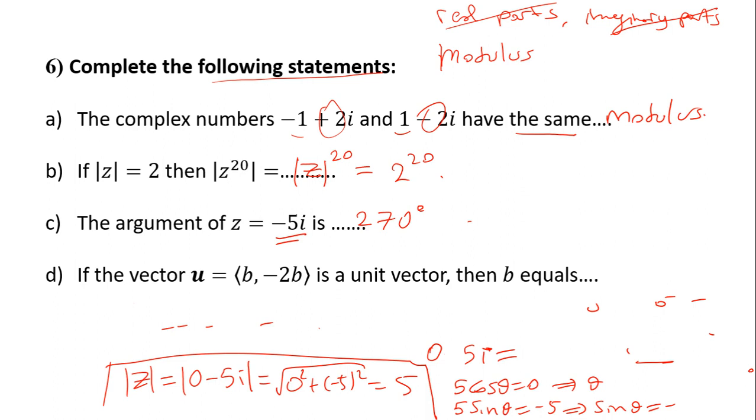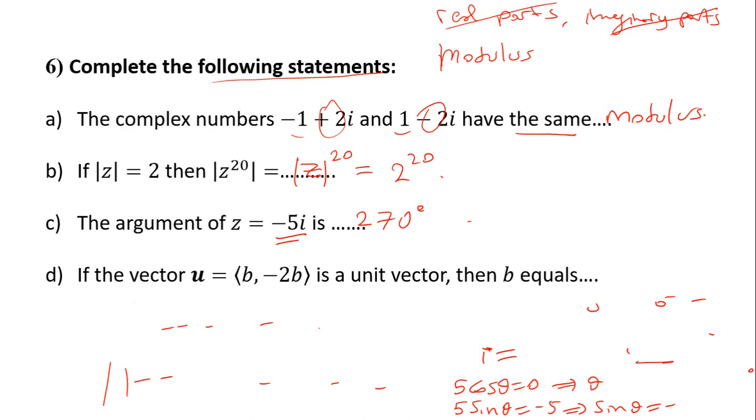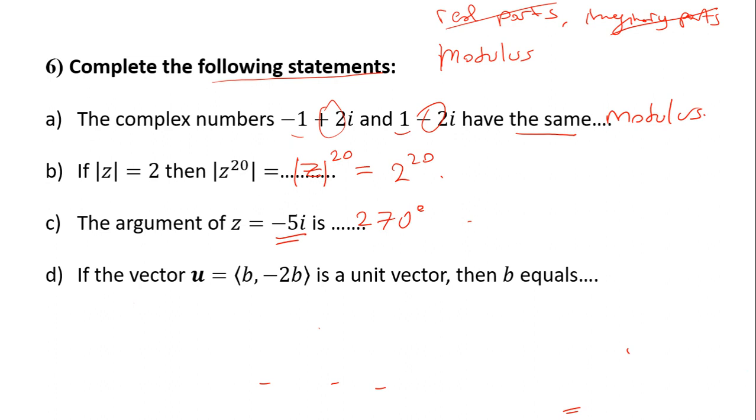For the other, we generally use the arctangent, but here using arctangent will not work because we will have an undefined value, because the tangent is undefined at pi over 2 and 3 pi over 2.